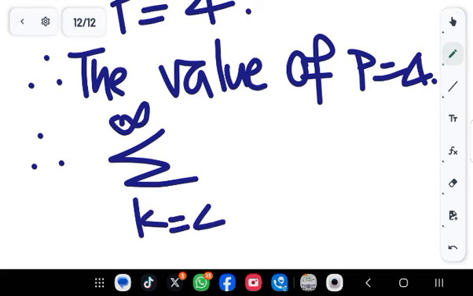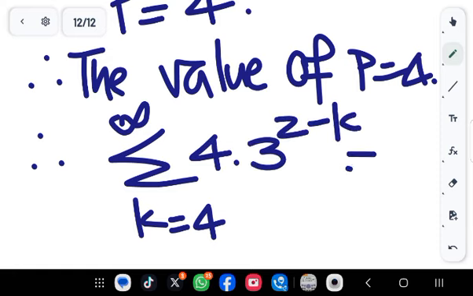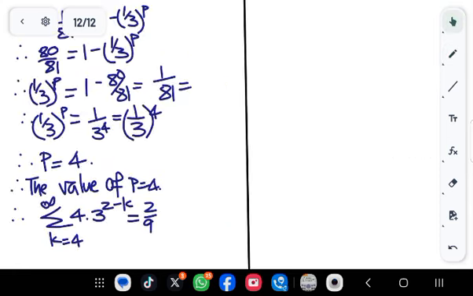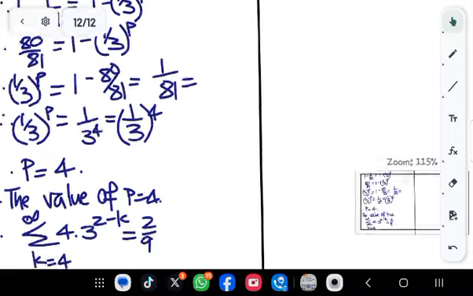Meaning that the sum of k equals 4 to infinity of 4 times 3 to the power 2 minus k equals 2/9. If you don't believe me, let's calculate that if you can.